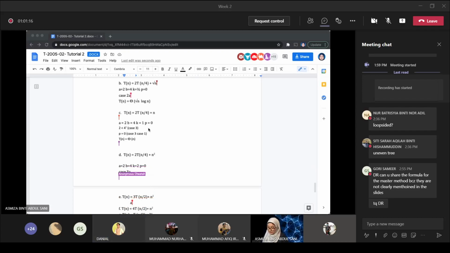So case 3, let's see the formula, is it A or B? Since P is equal to 0, we take case 3A, right? So we get n to the power of K, log to the power of P plus 1 of n, so it will be theta of n log n. Okay. All right.